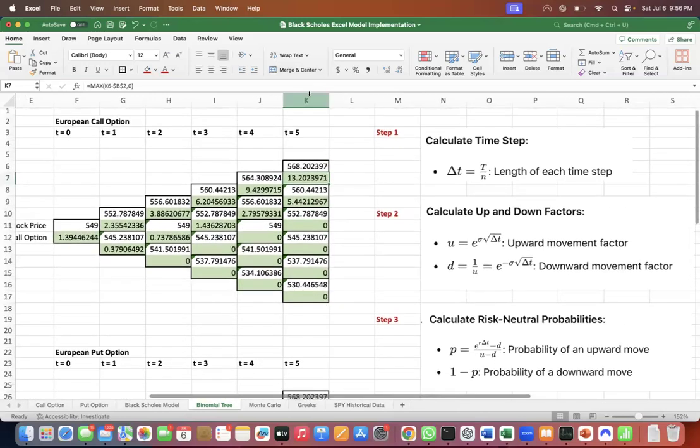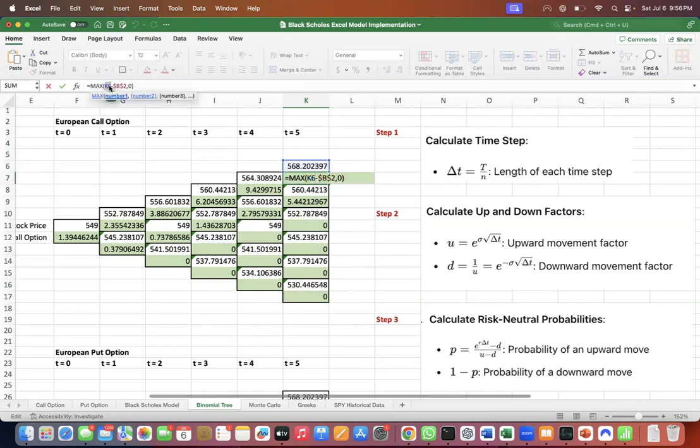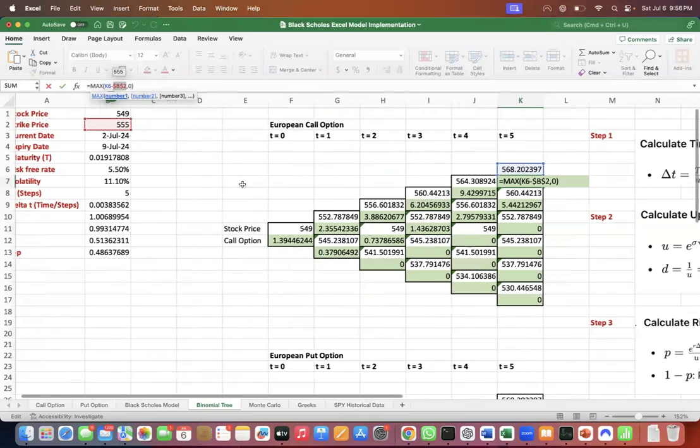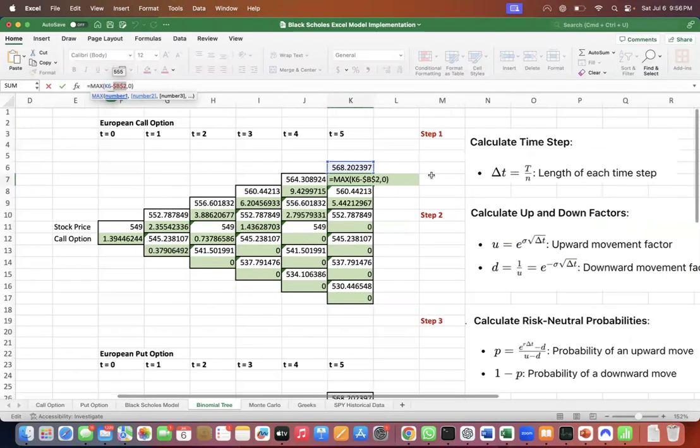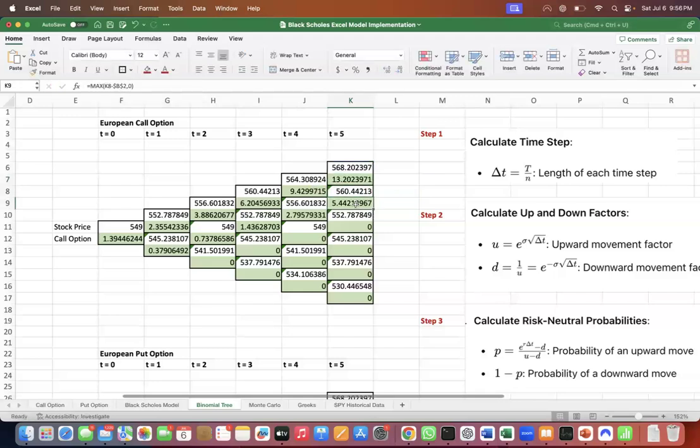So at this particular node, we already have the stock price, right? We already have the stock price here. So at t equal to 5, we'll just put maximum of St minus K, where K is nothing but your strike price, which is here. So you'll just do maximum of St minus K comma 0, and you'll put the same formula at t equal to 5.